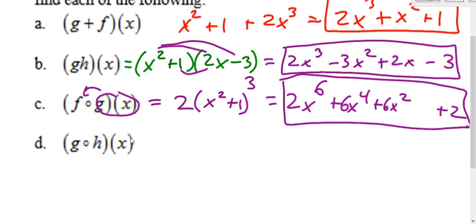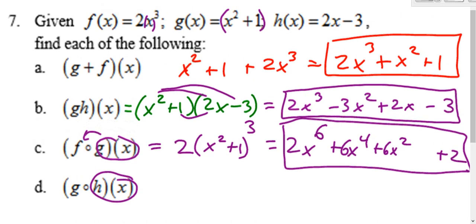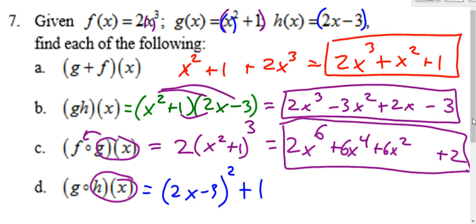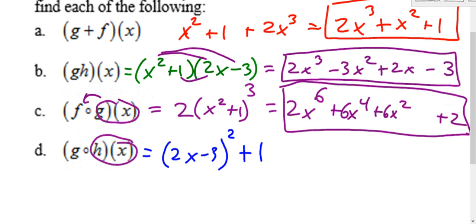G of h. This time we're plugging h into g. So we're plugging h, 2x minus 3, into g. So instead of x, we have 2x minus 3 squared plus 1. Squared I will do.